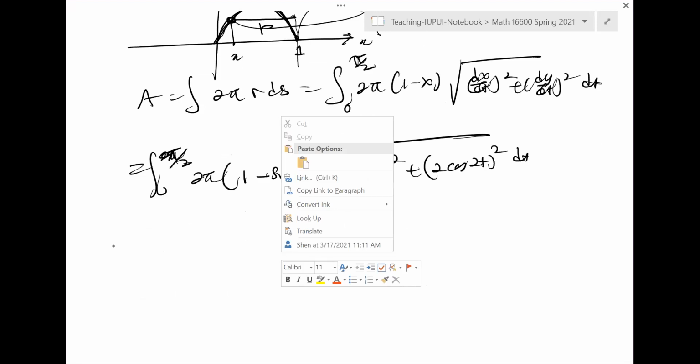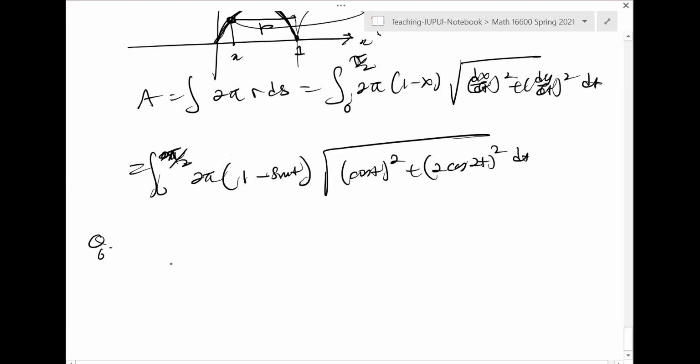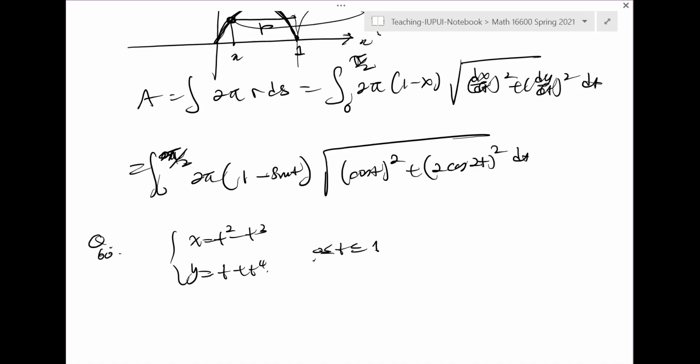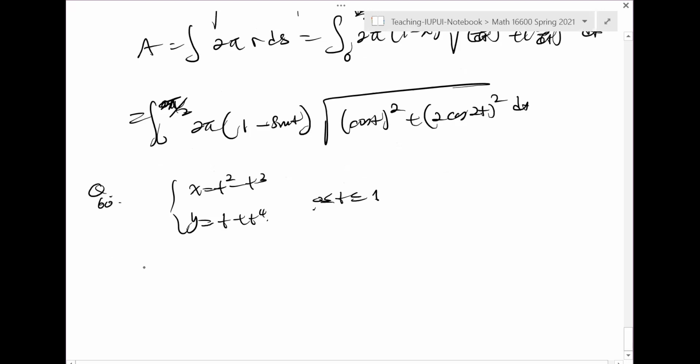Right, so here's the next problem. It's problem number 6D, and x equals t squared minus t cubed, y equals t plus t to the fourth power, where t is between 0 and 1. The rotation here is about the x-axis.